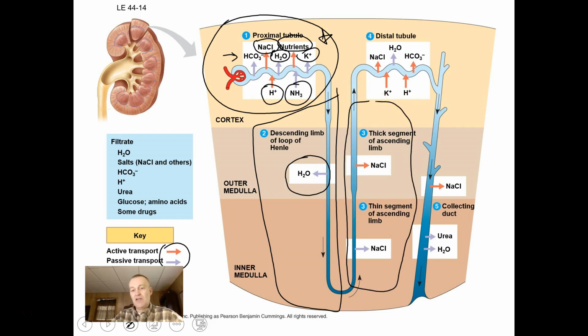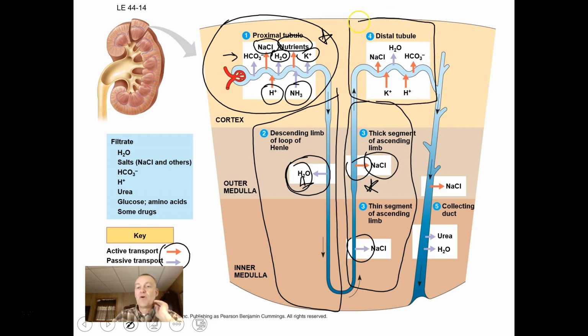What's kind of cool about this is when you bring in salts, that creates a hypertonic area here, which helps to absorb water. So when we bring in salts, water follows it. Water always follows salt. Those things are right next to each other, and one side brings in salt, one side allows water to be reabsorbed. This is done passively and actively, and there are carrier proteins that allow that to occur.